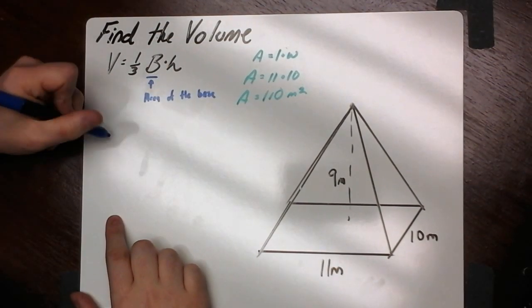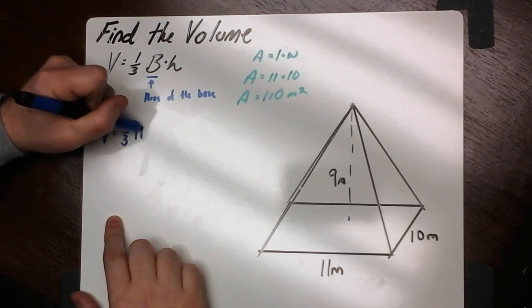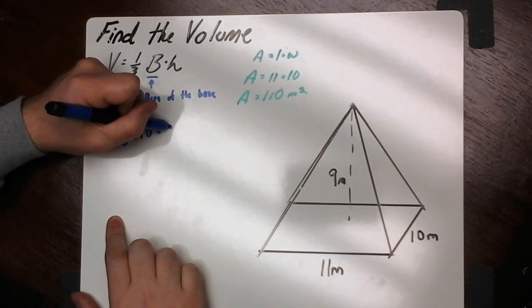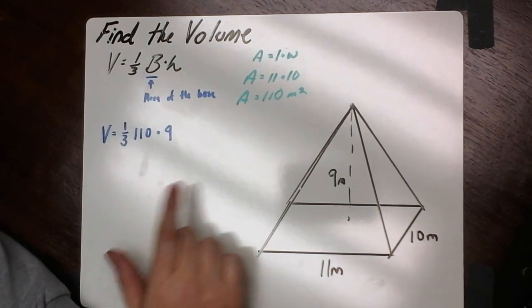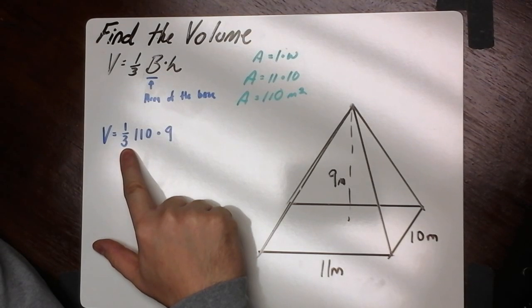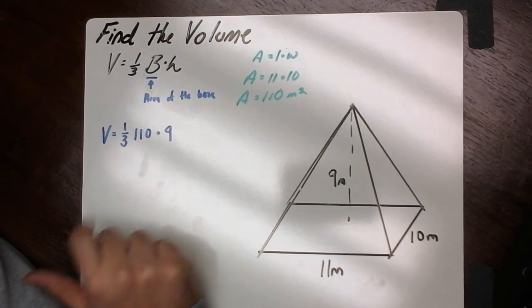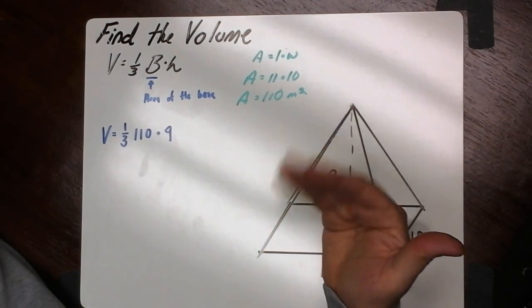Now I'm going to take that 110 and plug it into the area of the base. So now I have V equals 1/3, 110 times 9, because that's the height. Well, look what I got here. 1/3 times 9. That's going to clean up really nicely because 9 is divisible by 3. So I struck gold.